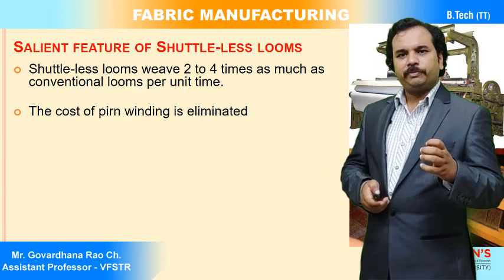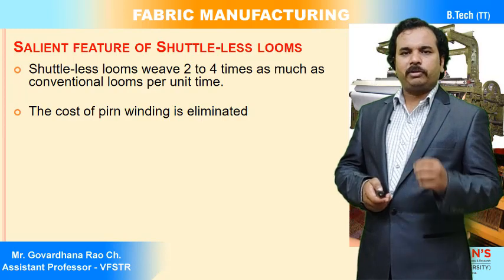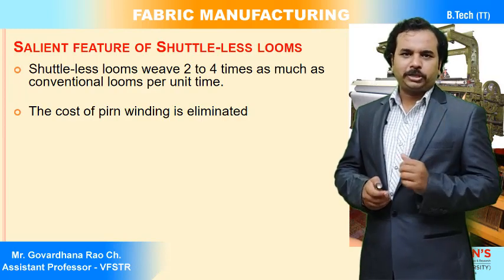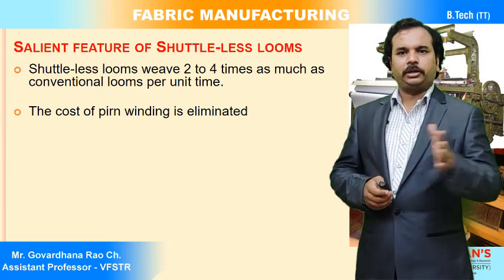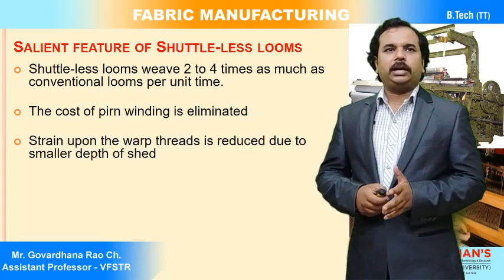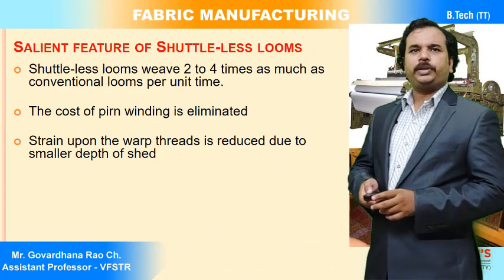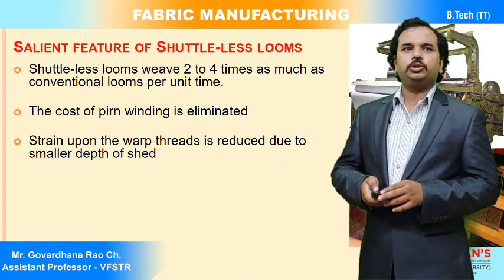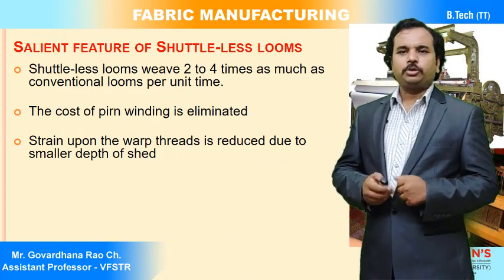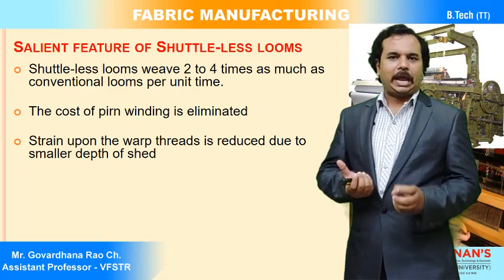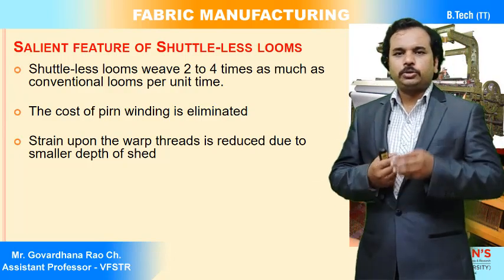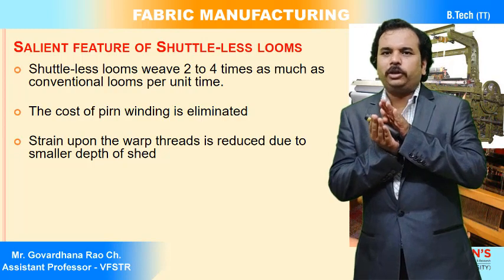So whatever the machine and the labor or manpower we are allocating to the preparation of pirn, which is neglected, which is removed off. And strain upon the warp threads is reduced due to smaller depth of shed. So we are using the rapier, projectile or air, so we require only a small opening of shed.